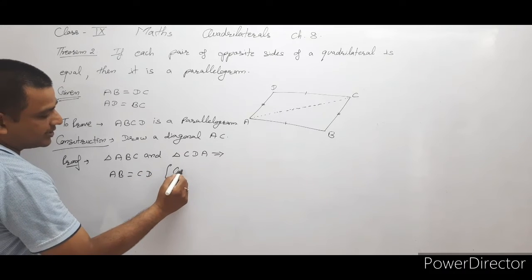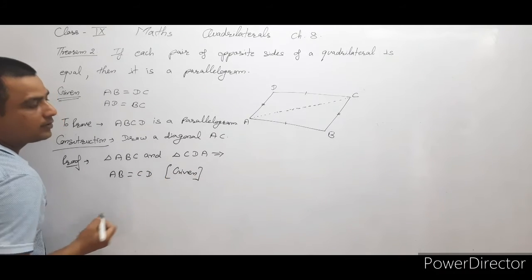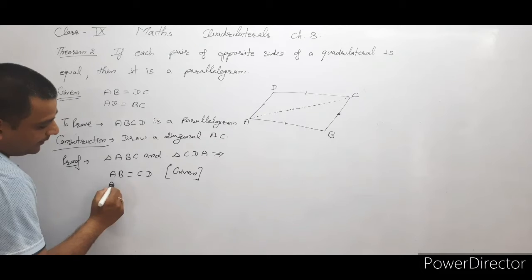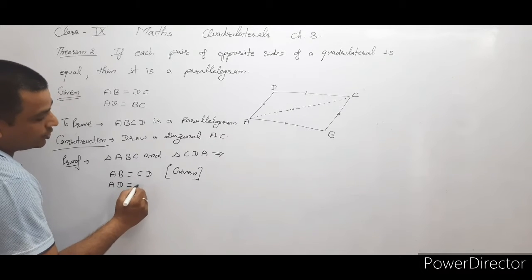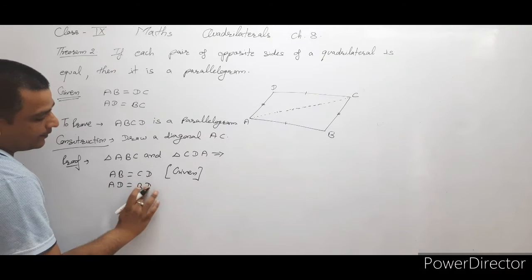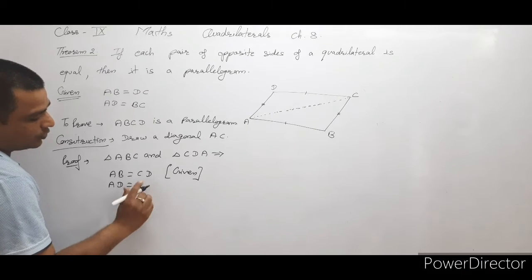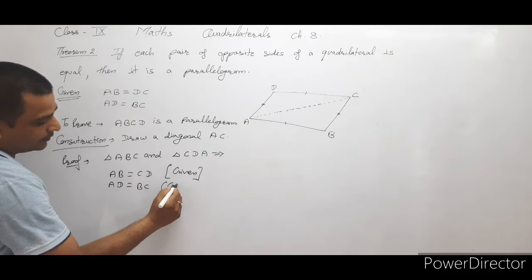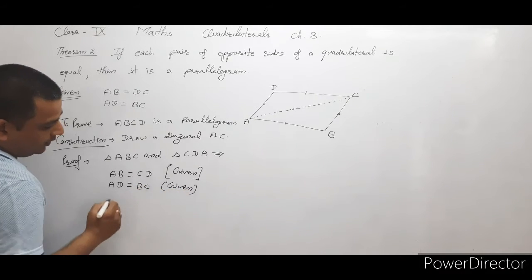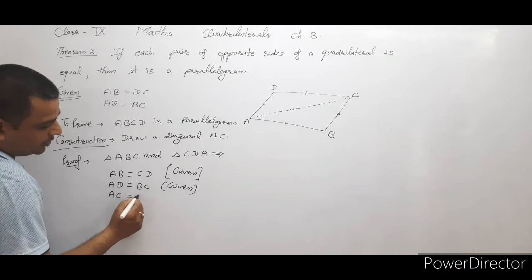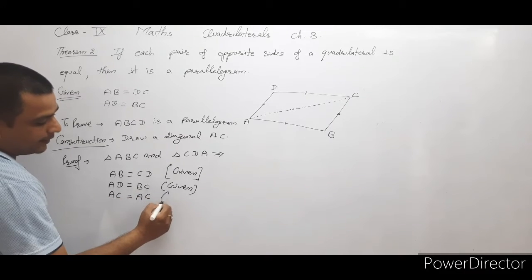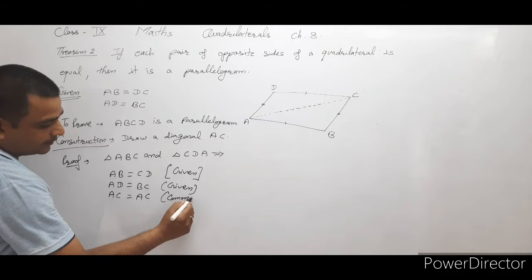We can write it as given. AD equals BC, that is also given, and AC equals AC, common side.